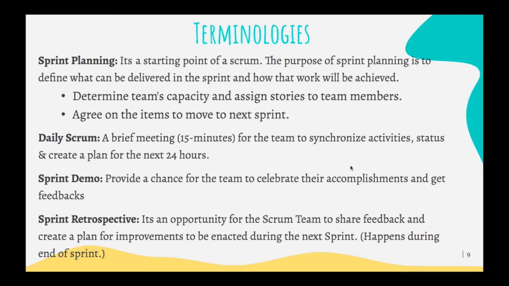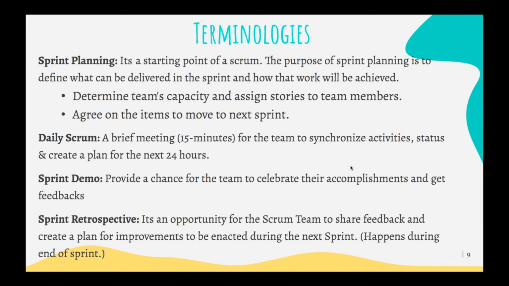Daily Scrum. It's a brief meeting, let's say 15 to 20 minutes in the morning, for the team to synchronize activities and status, report any issues, blockers, and any identified risks, and create a plan for the next 24 hours.